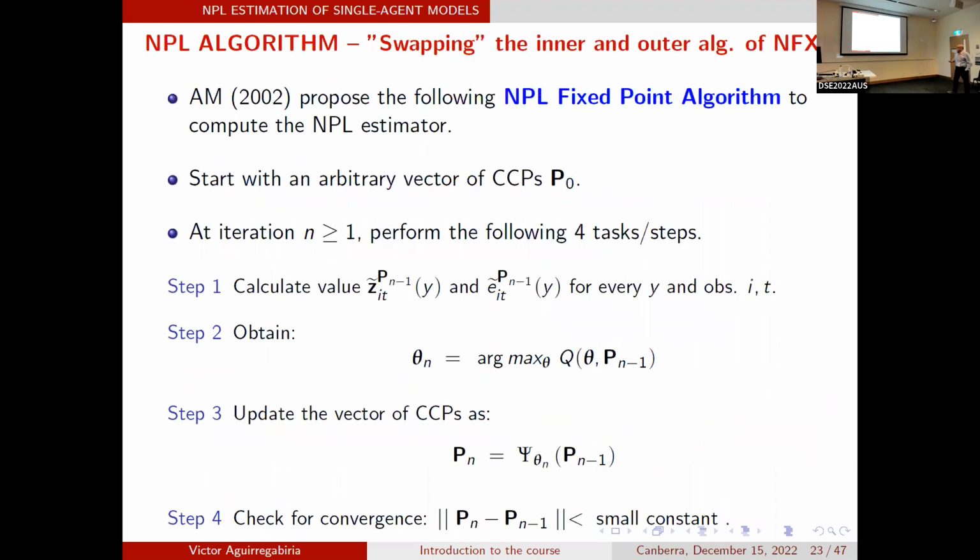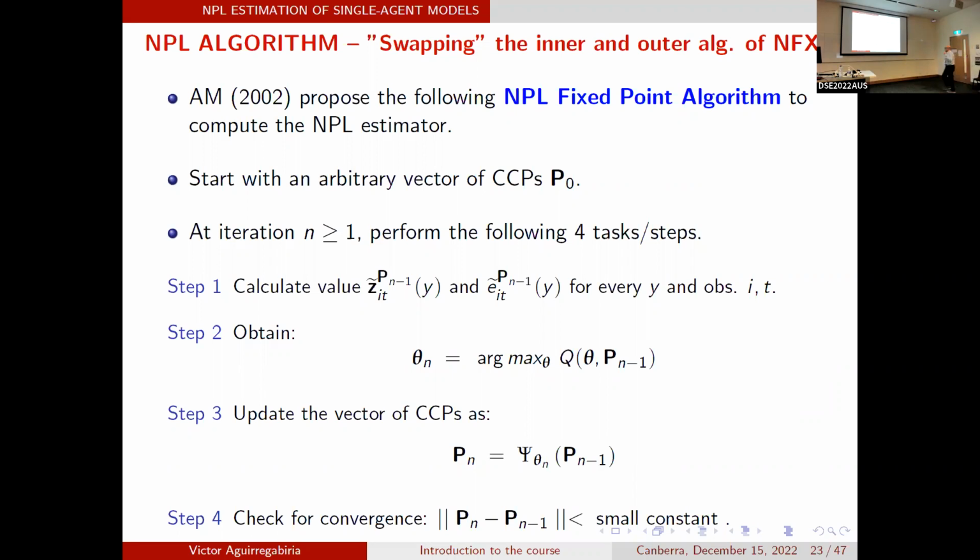And then, as usual, we check for convergence. If we reach convergence, that's the nested pseudo likelihood estimator. Otherwise, we go back to step 1, and we have to calculate again these Z tildes and E tildes for the new vector of choice probabilities.